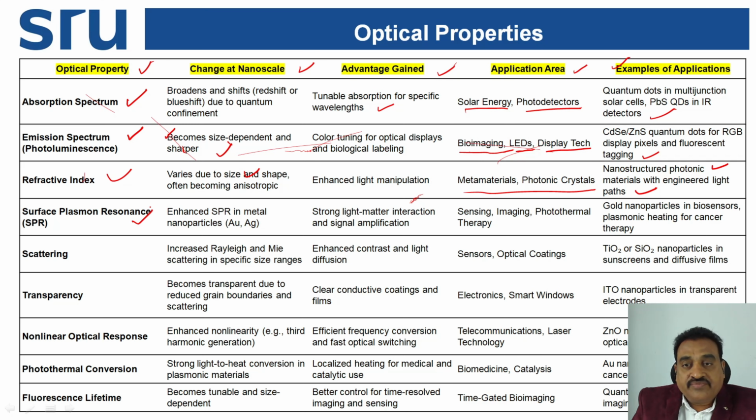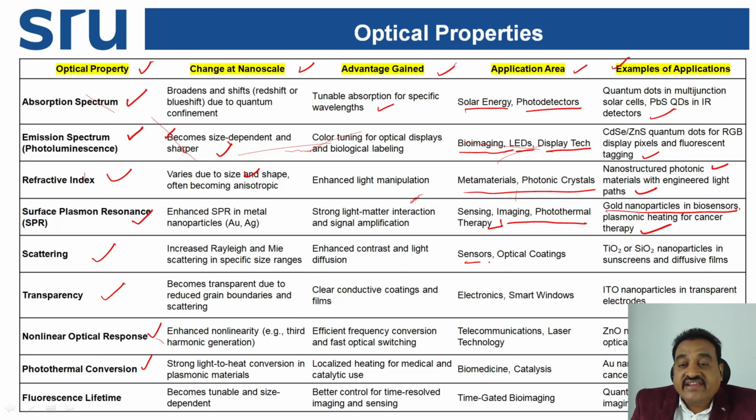Surface plasmon: the application is sensing, imaging, and photothermal therapy. Gold nanoparticles in biosensors, plasmonic heating for cancer therapy. So scattering property, transparency property, nonlinear optical response, photothermal conversion, a number of properties we can observe here.